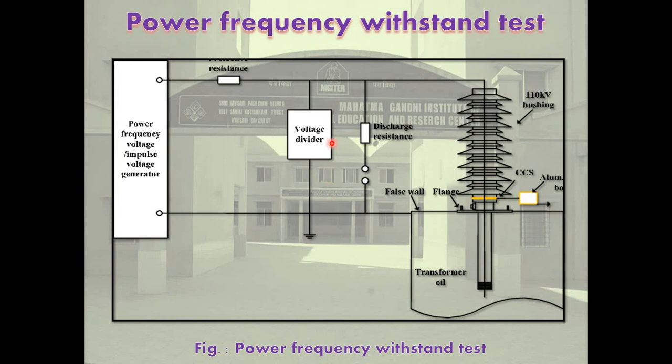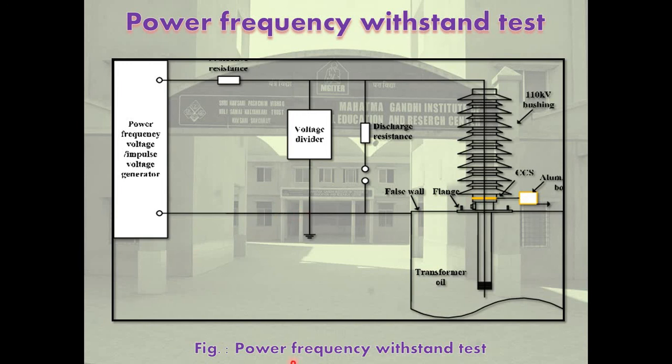Now, the test voltage depends upon the type of transformer, like dry or oil immersed transformer, the applicable standard and the specified insulation level. Test plan for power frequency test.